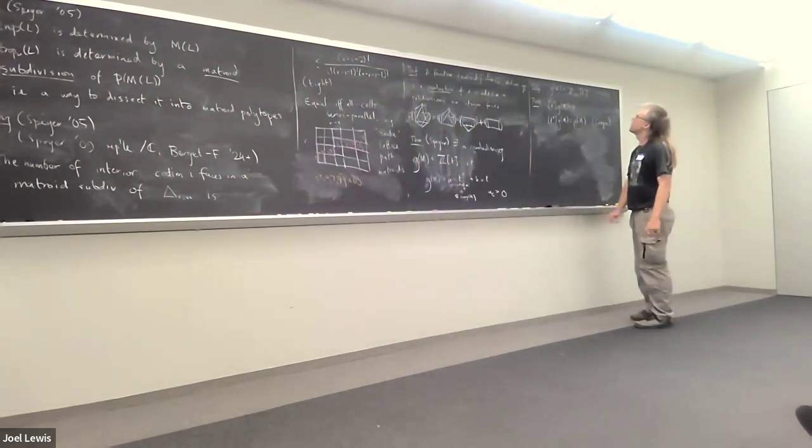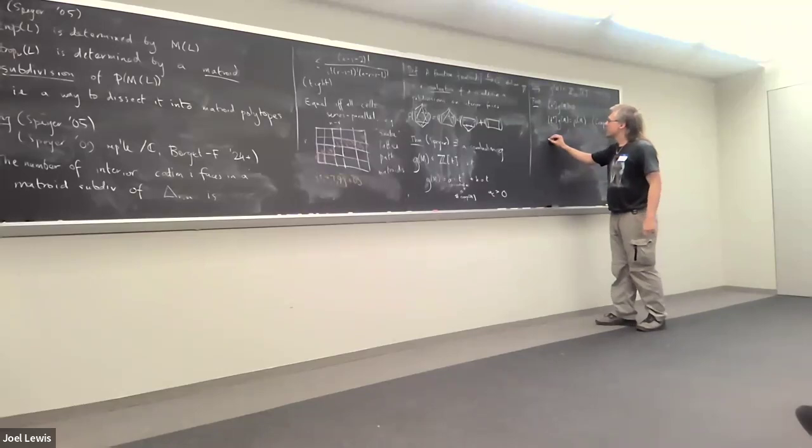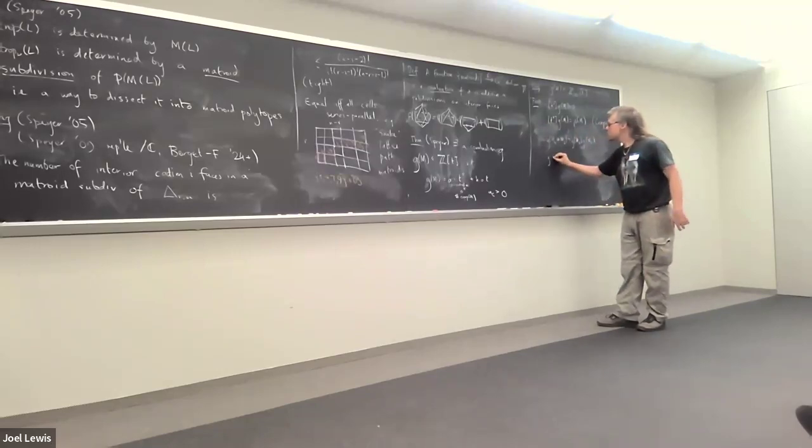And, well, I mean, maybe it's worth saying a few facts about G. If you like matroids, I can say that G of a direct sum is G of the product. And G is unchanged by series and parallel extension.